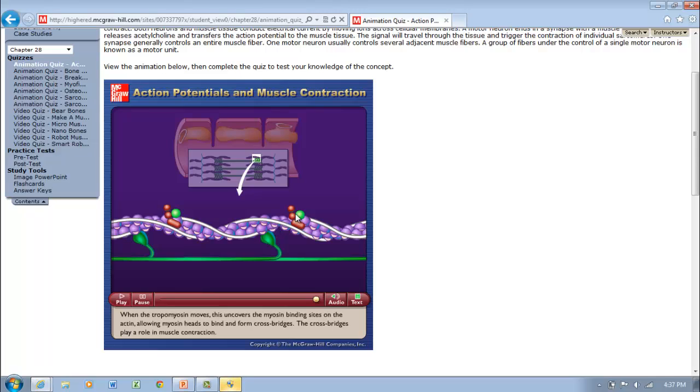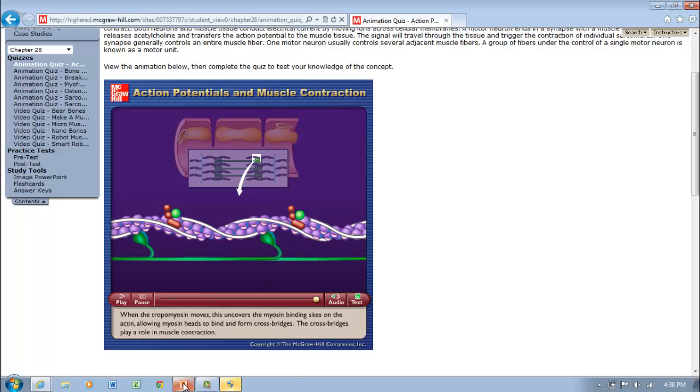So we need calcium in order for myosin to bind to actin. Otherwise, without calcium, tropomyosin covers these binding sites and myosin will not bind and we will not have muscle contraction. So recall that an important role of calcium is muscle contraction.